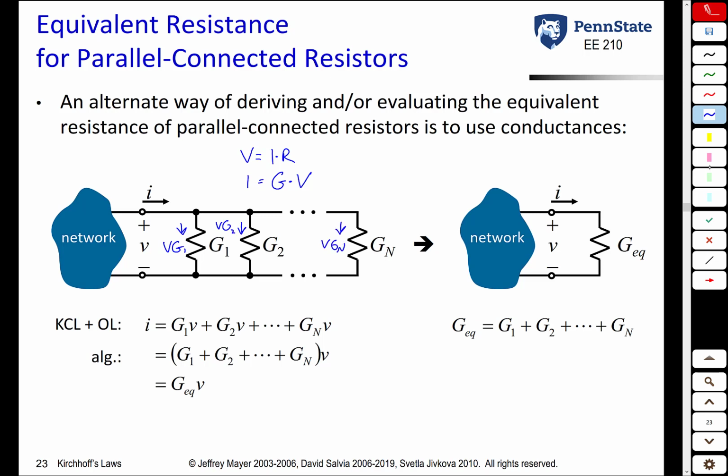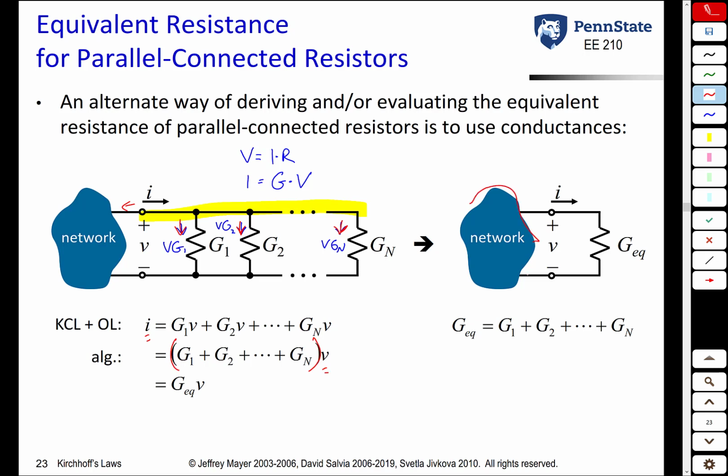So if you were to do KCL at this node, you would get negative I plus VG1 plus VG2 plus VGn is equal to 0. Solving for I, you get I equals G1 plus G2 plus G3 plus G4, etc., all of that times V.